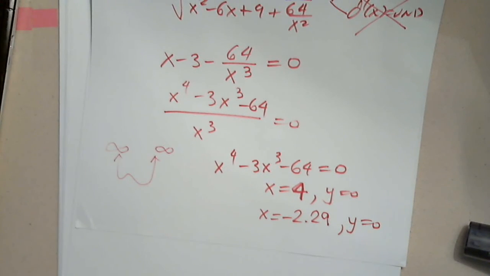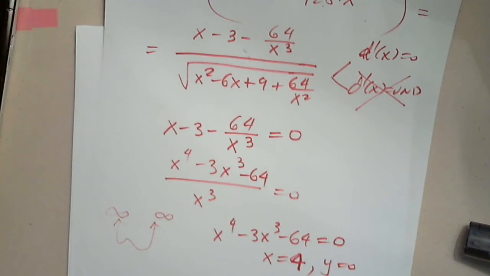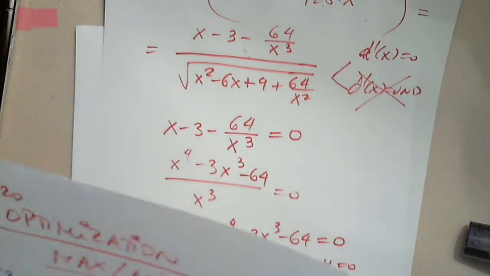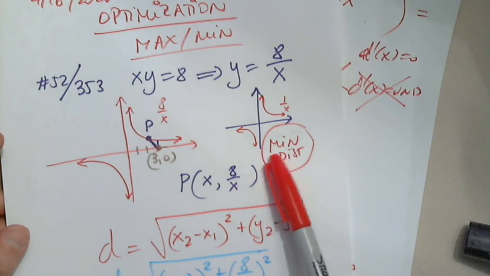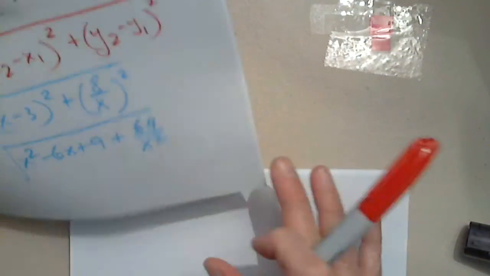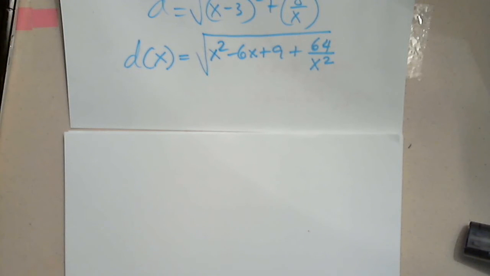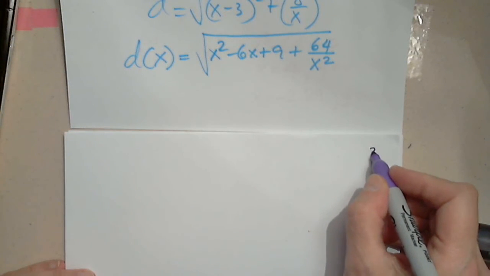However, I found 2 solutions, but I haven't told you anything about anything. Meaning, who knows if this is the minimum or not the minimum? So here is the last step in which I have to convince you. I have to convince you whether it's a max or a min.